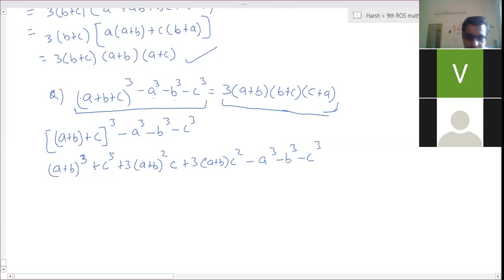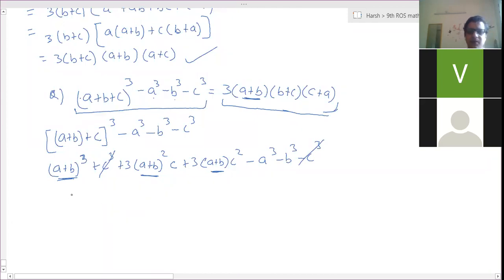So here the first thing is gone. Now we have to remove this, so if we expand this, we can remove it. And see here, a plus b is there: a plus b, a plus b, a plus b. We are getting something. So if we remove these two, we'll have something common in these three terms. So let's expand this one.